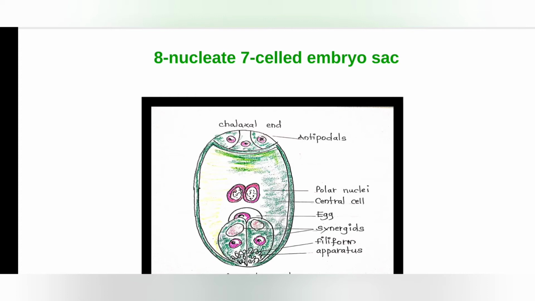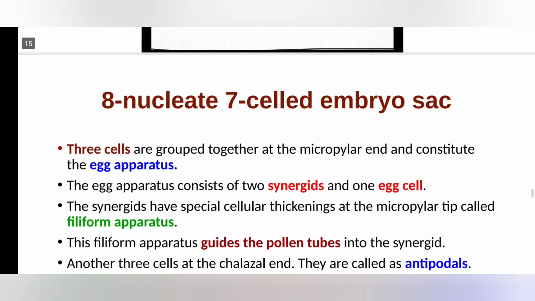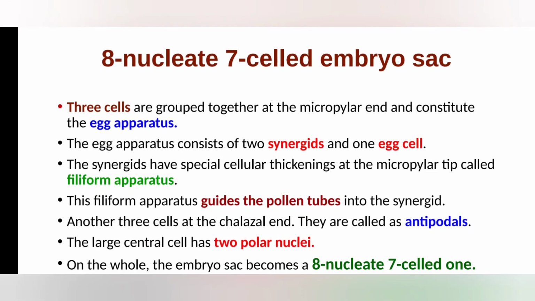So the whole diagram comprises 1 cell. So altogether 7 cells. When it comes to nuclei, there are 8, but when it comes to cells, there are 7. That's why this stage is called the 8 nucleate 7-celled embryo sac.